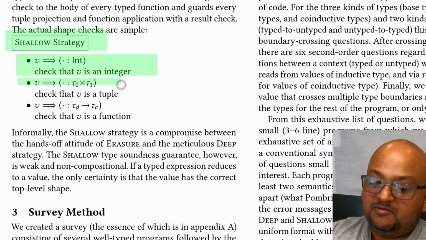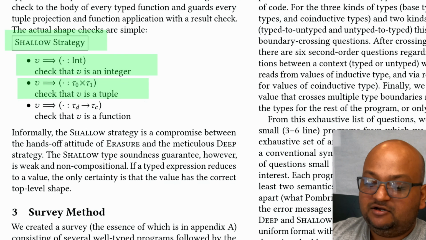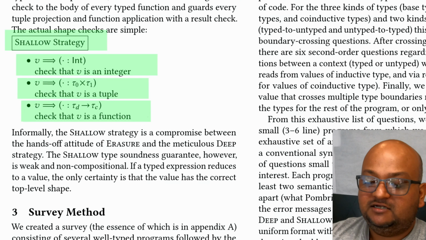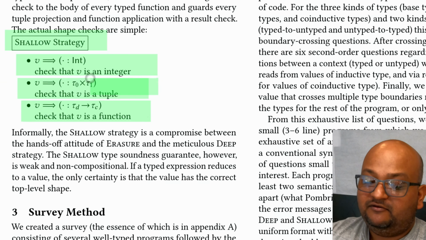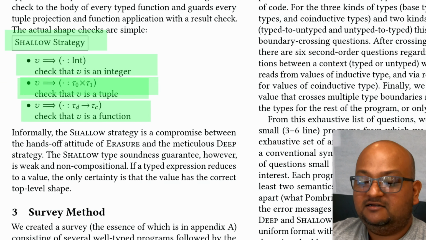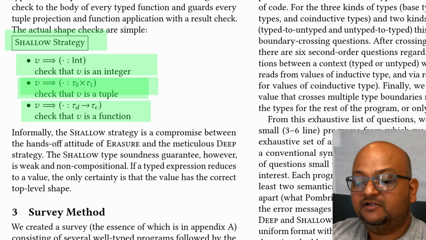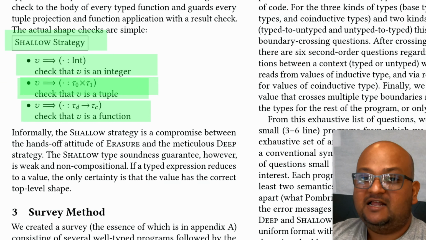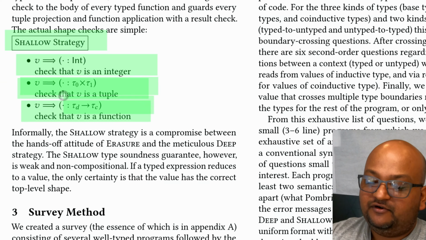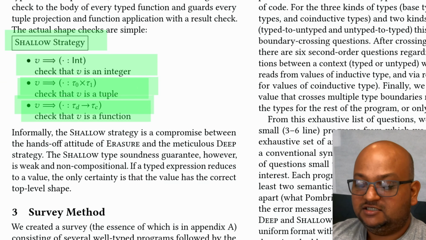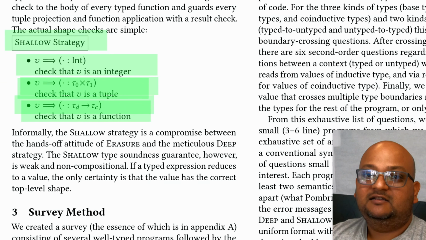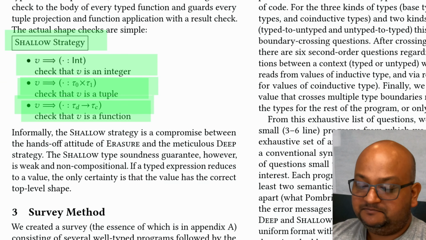But if there's a more complex type like a tuple or a function, this strategy doesn't go and check the exact types, but just checks the shape. For a tuple, it wouldn't check the types of the individual elements of the tuple, but just that the value is a tuple. For functions, this strategy would not check the exact types of the input and output of the function, but just that the value is a function.